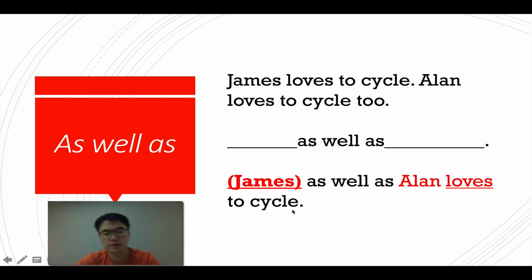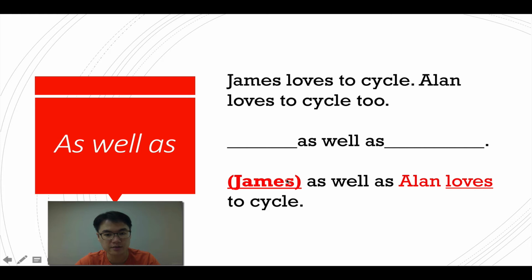Now why, you would ask, does this now become a singular verb form? One puts S after the verb, right? Well, very simply because the subject that comes first, in other words, the subject that comes before the connector, in this case James, is now the only subject.